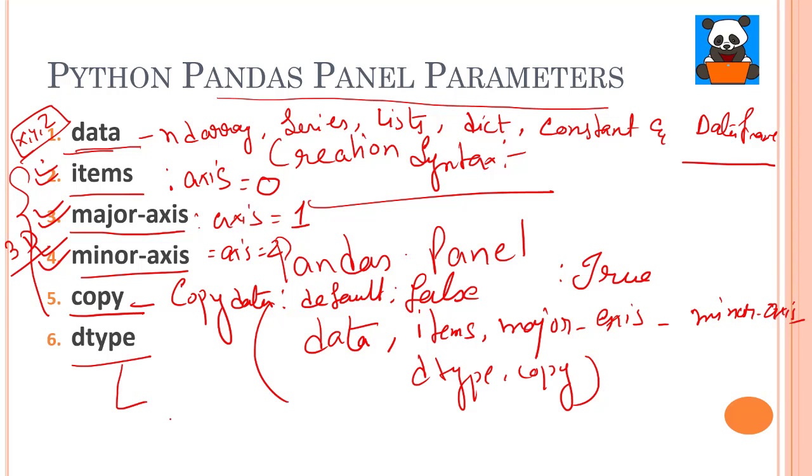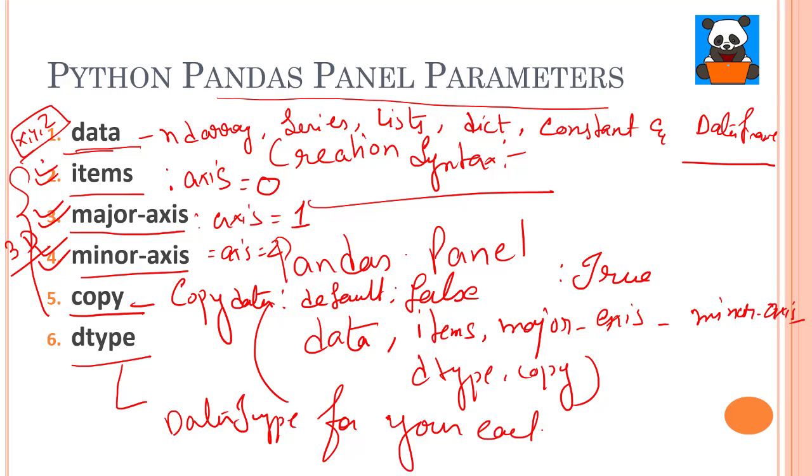This is the data type for each column. When you want to specify the data type for each column, you use this parameter. So this is how the Panel works in pandas.